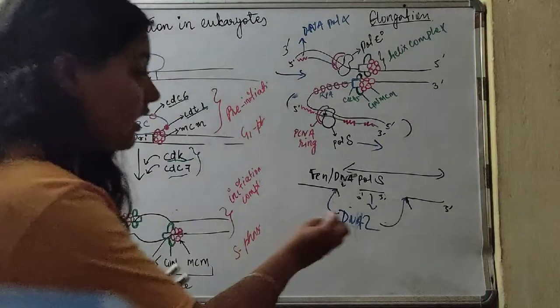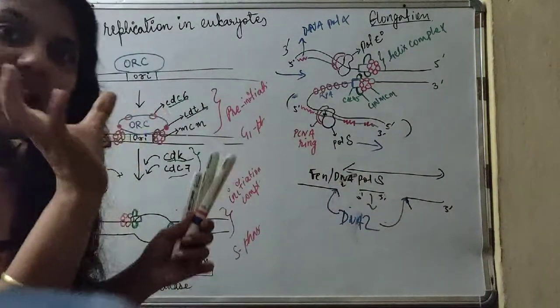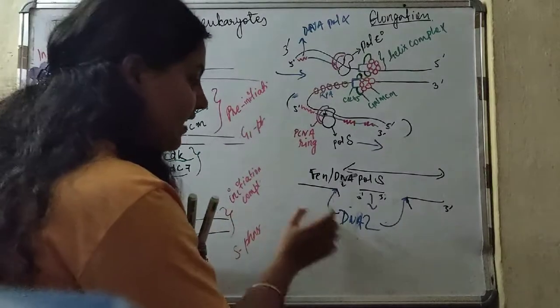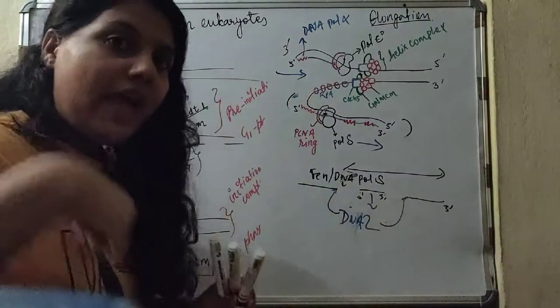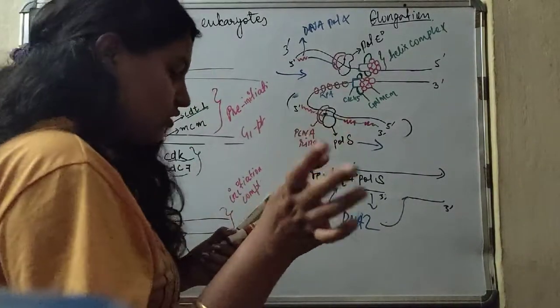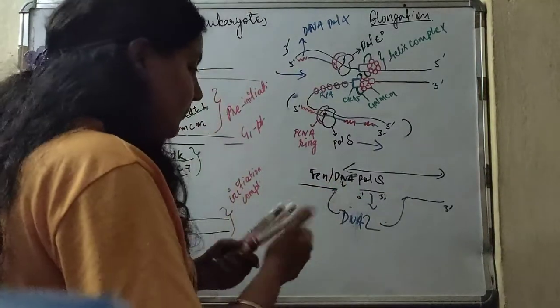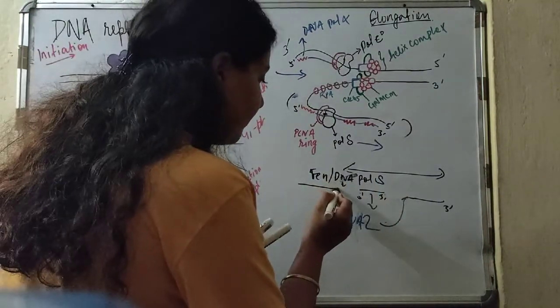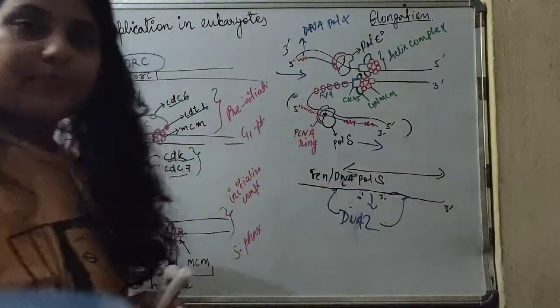This DNA2 is having both the helicase as well as ligase activity, and with the help of helicase activity, it will remove this flap. And with the help of ligase activity, it will seal the gap. It will fill up the gap.